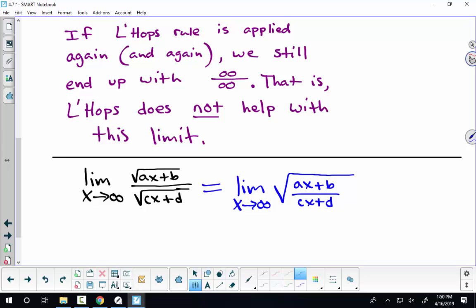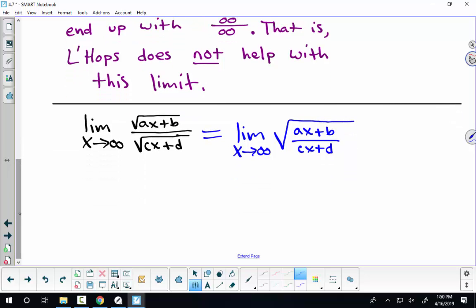Particularly the idea of continuity, when the limit can get passed into the root, when the inside function, ax plus b over cx plus d, is continuous at that x value, which it certainly is. Because we're just thinking about x getting larger and larger. A, b, c, and d are positive. There's nothing weird happening there. So we're passing the limit into the square root.